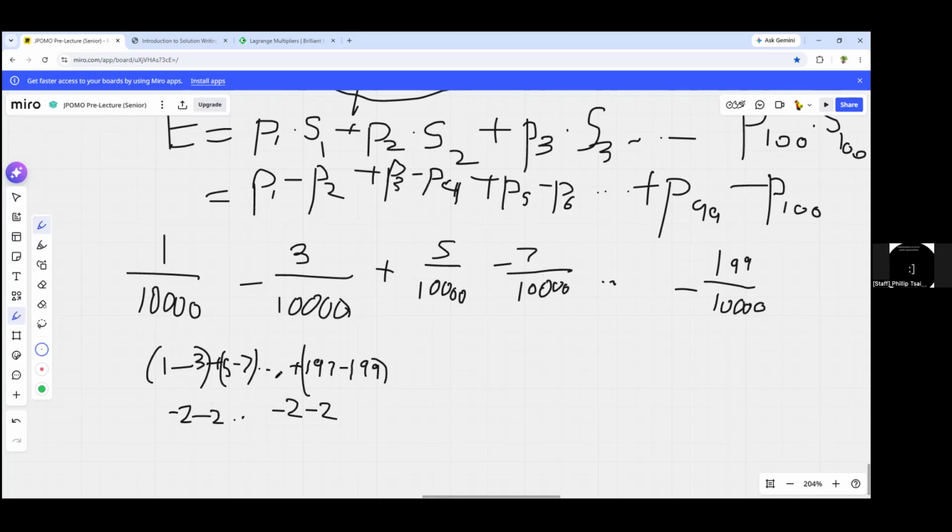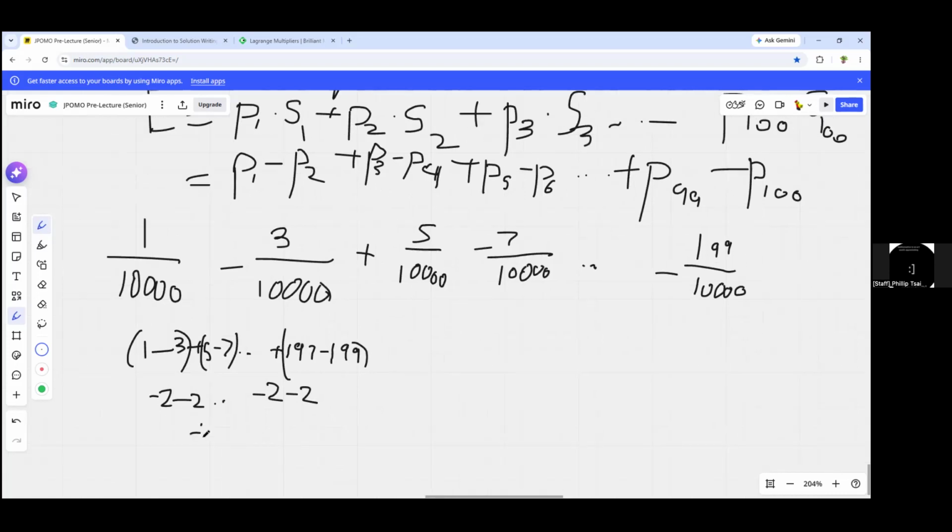And how many negative 2s do we get? Well, I'll just count from the end term. So we have 4 times 1 minus 1, and then we're just counting how many groups we have of 1 minus 3, 5 minus 7, etc., all up until 4 times 50 minus 1.